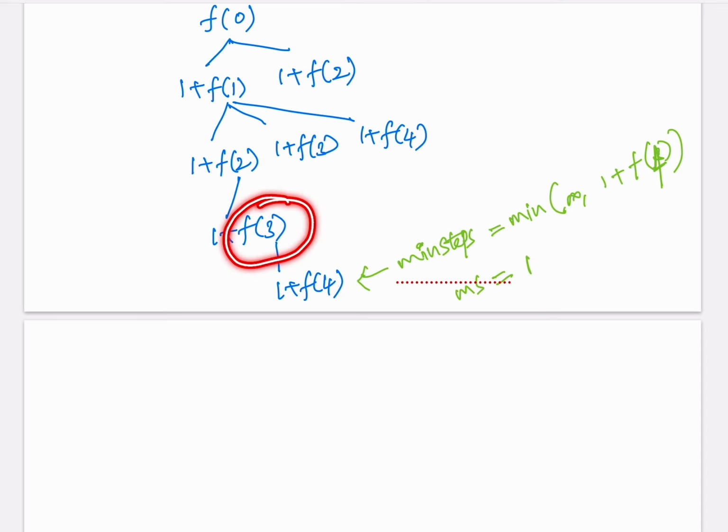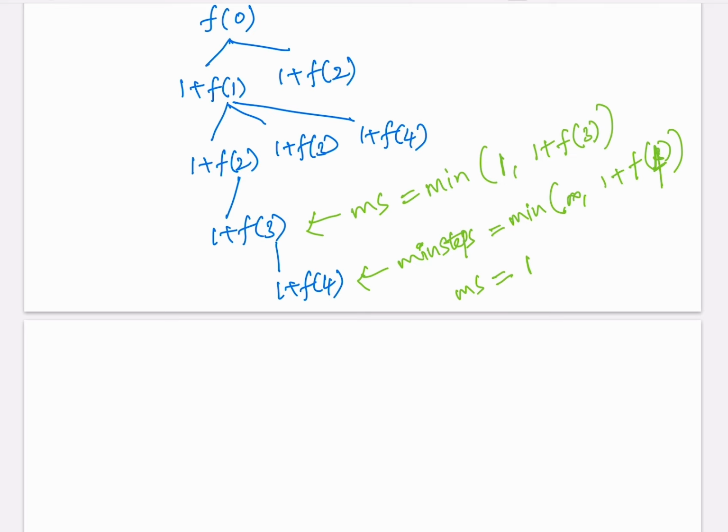When you are at f of 3, your minimum steps equals minimum of, where minimum step is updated as 1, and here 1 plus your index, which is 3, I think, which is 2.